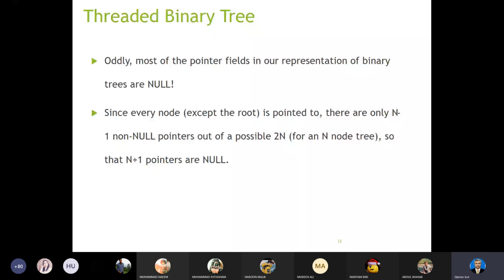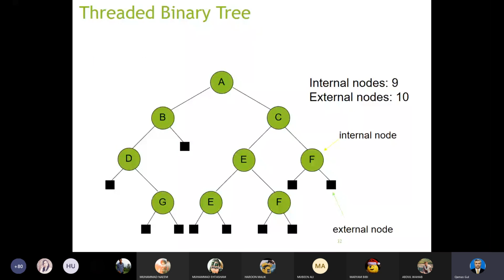Let's see this diagram for the threaded binary tree. You have internal nodes 9, you have external nodes 10. So the property that we have studied today, we are using those properties for the threaded binary trees. So the internal nodes are 9 and the external nodes are 10.